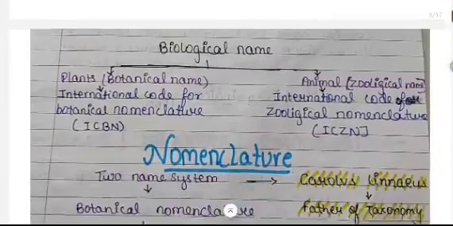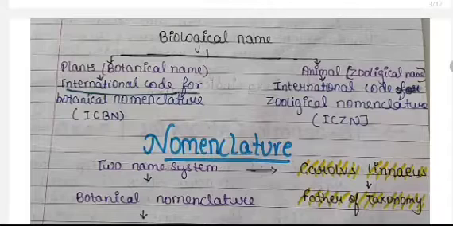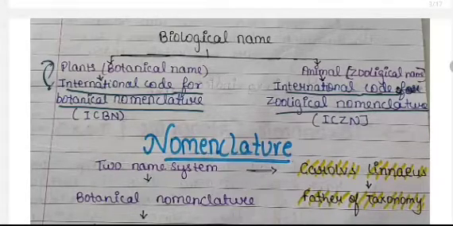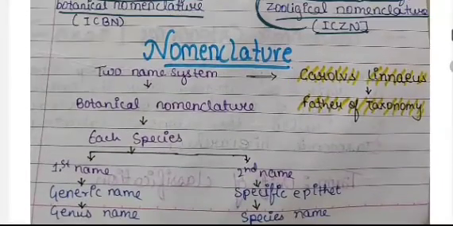The biological name is given by the International Code for Botanical Nomenclature in the case of plants, and the International Code of Zoological Nomenclature, that is ICZN, in the case of animals. Nomenclature is basically a two name system.